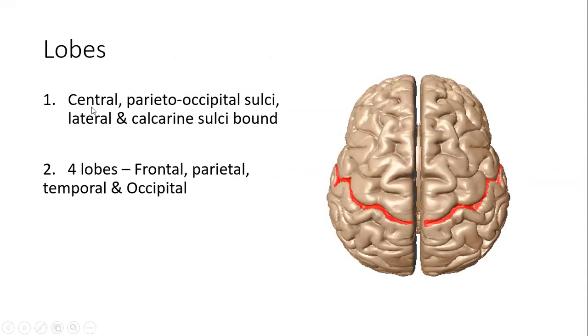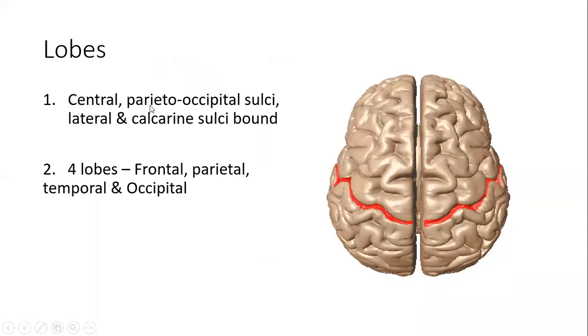With the help of central, parietooccipital, lateral, and calcarine sulci, we divide each cerebral hemisphere into at least 4 lobes: frontal, parietal, temporal, and occipital.